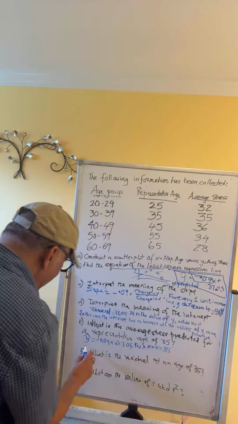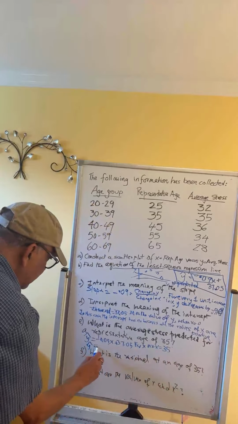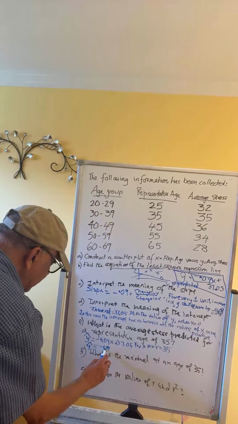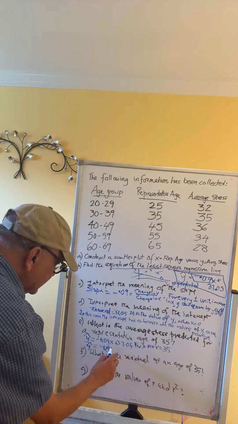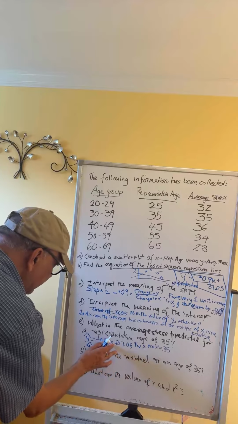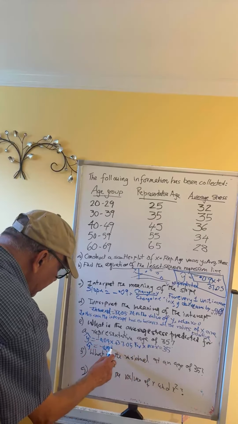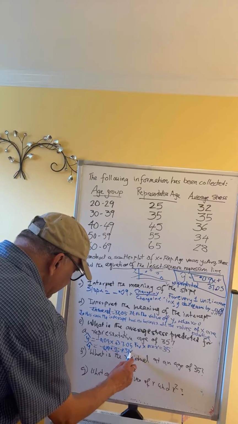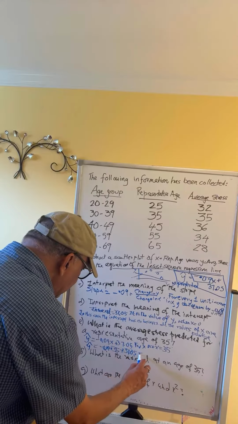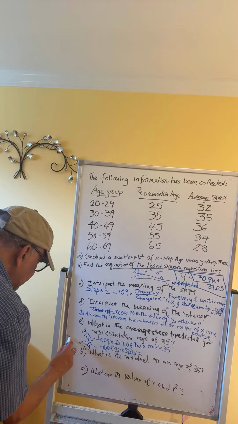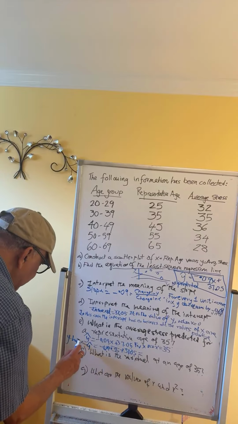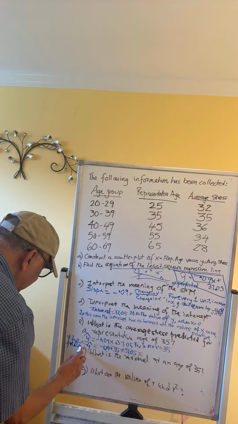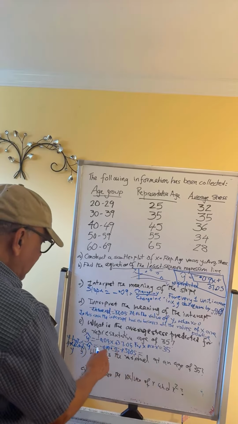So our y hat will be minus 0.09 times 35 plus 37.05. And y hat is to be read as y hat, which is predicted y. Okay. So we will multiply.